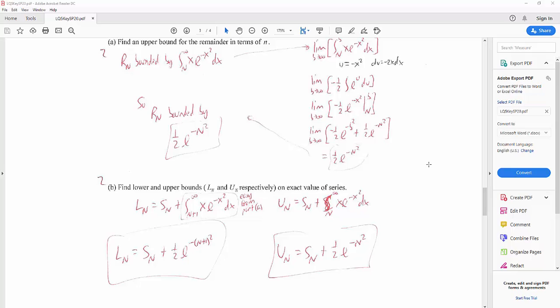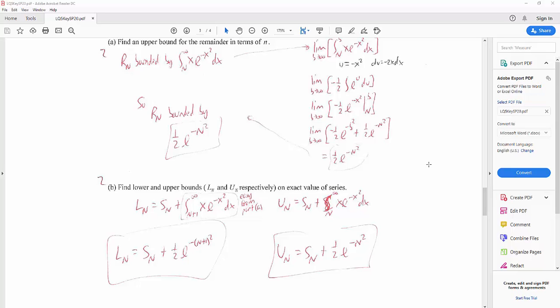Lower bounds and upper bounds, L sub n and U sub n respectively, on the exact value of this series. Well, the lower bound is equal to S sub n plus the improper integral, n plus 1 to infinity, x e to the negative x squared dx.